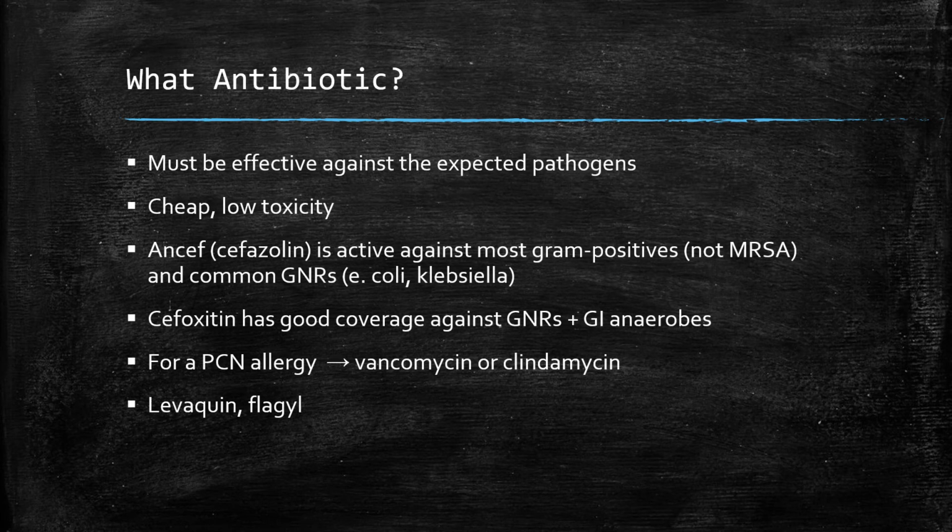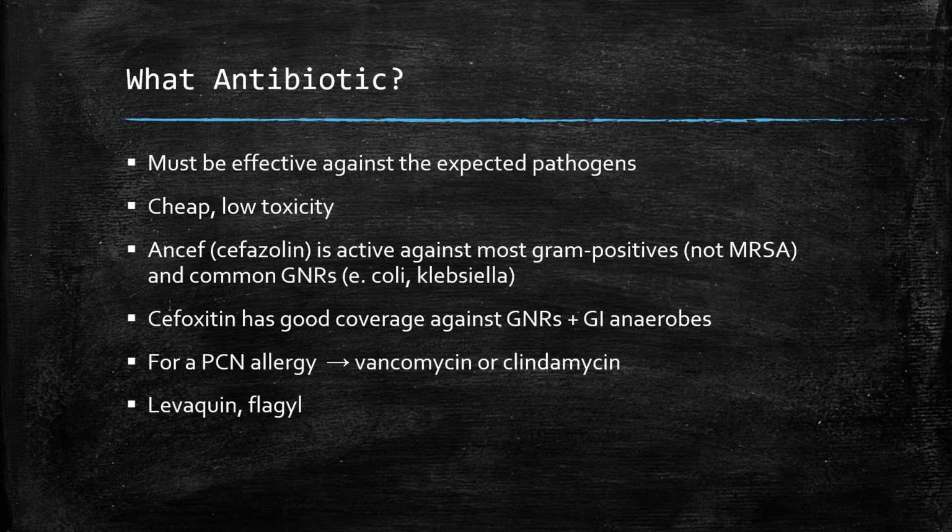There are now specific protocols in place that help us decide what antibiotic to use. The antibiotic chosen must be effective against the expected pathogens, and it should be cheap and have low toxicity. For most clean cases and many clean contaminated cases, Ancef will be a good choice since it's active against skin flora and the common gram-negative rods.